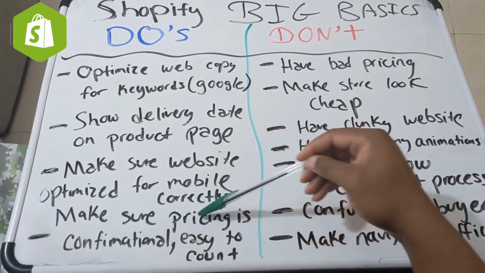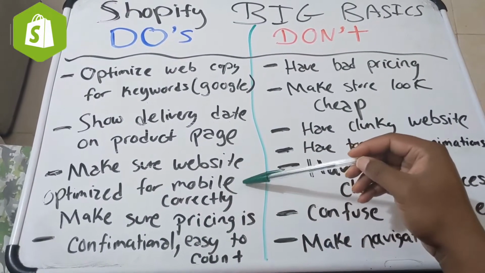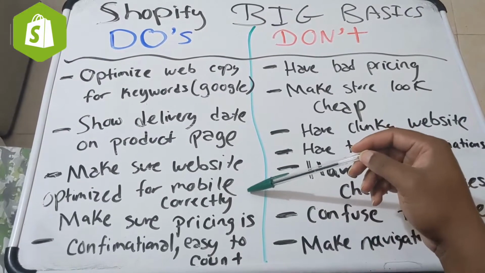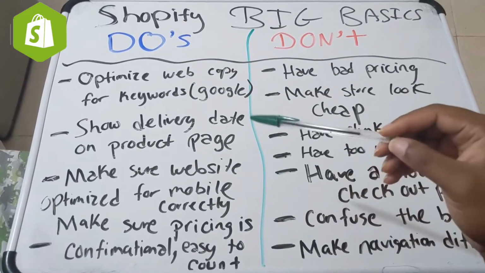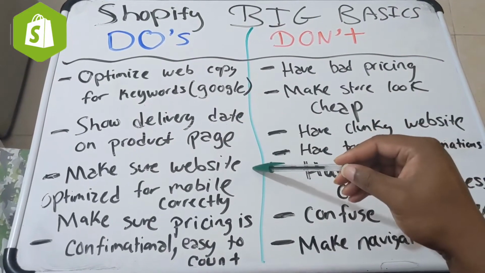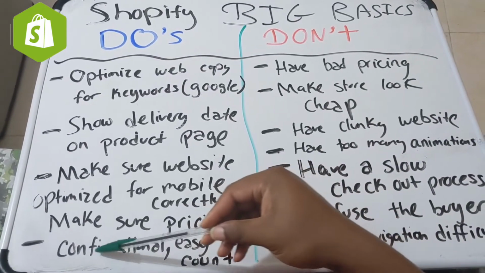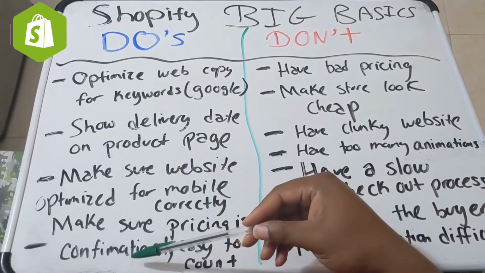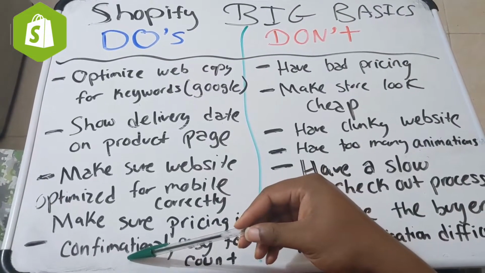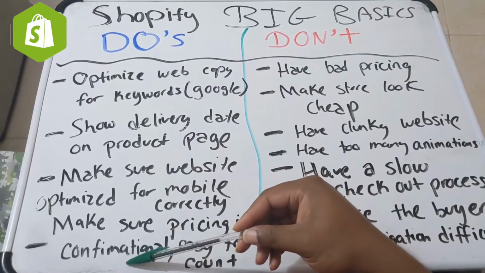So make sure pricing is confirmational and easy to count. So not $14.06, not $44.07, not $33.10, not $57.12. That's not confirmational. That's analytical, meaning they can't analyze it. They can't confirm it in their head. They can't be like, okay, 60, 60, 20, okay, that's 140, right?